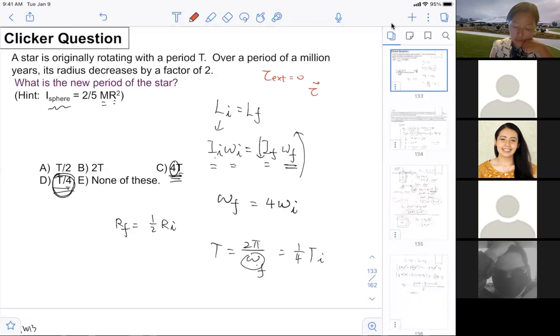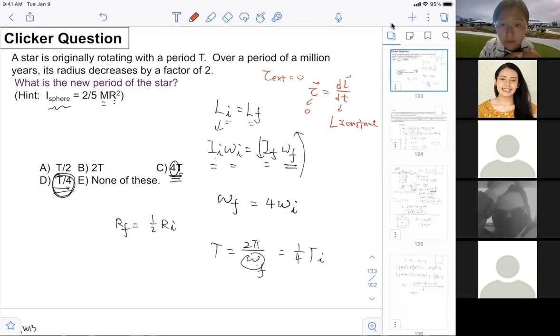So torque is dL/dt, right? So if torque is 0, then L is constant, which means the angular momentum does not change, right? Okay, yeah, I see. I understand that now.